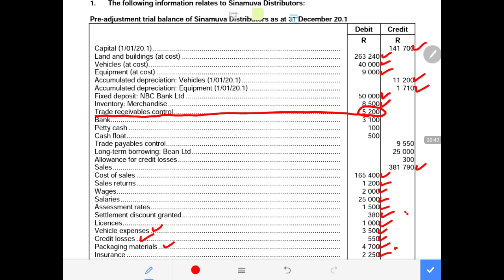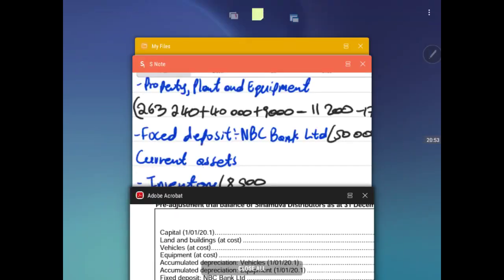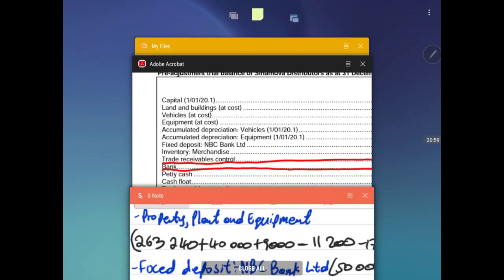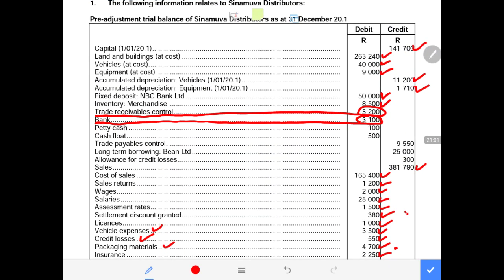So we have bank, which is our cash in the bank, and bank is 3,100. There is another item that relates to cash that is available. Petty cash, the small amounts, 100, and cash float, there is 500. The cash float is the amount that is kept in the cash register roll, so that we can have change the following day.